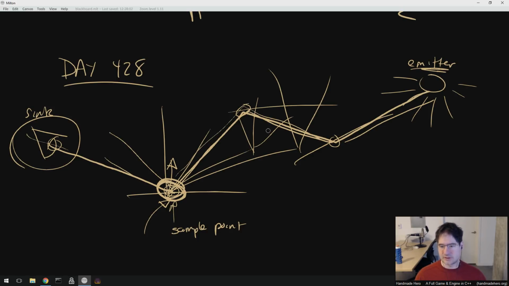Did this photon reach the eye or not, and what wavelength was it? That's all, right? But now we're introducing this additional concept, which is like light stored, some information about the lighting stored at the sample points.